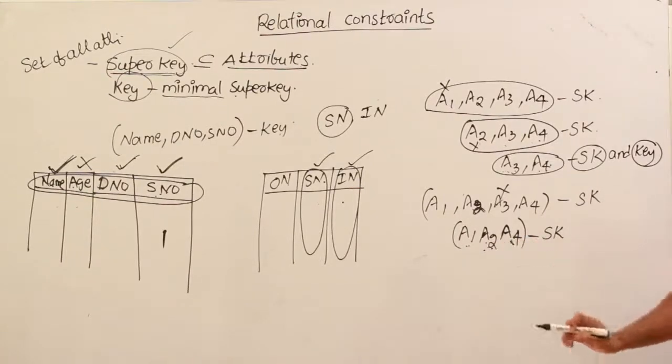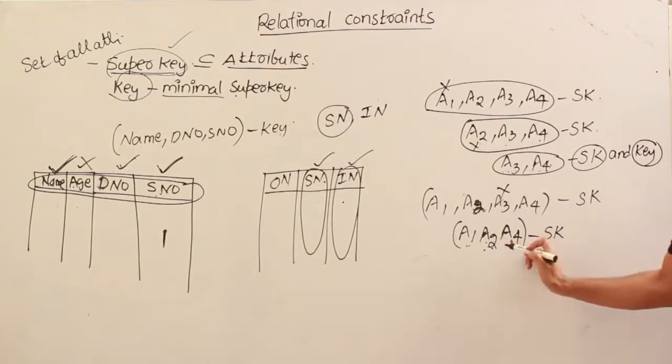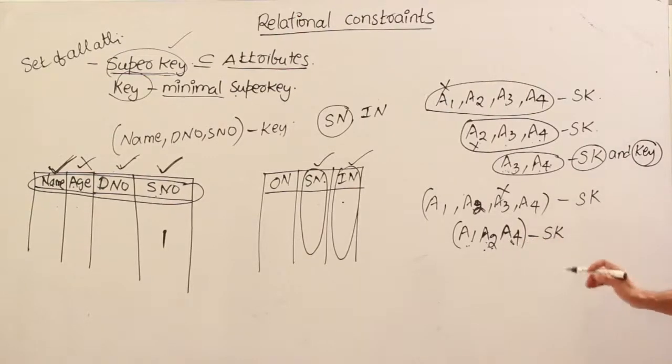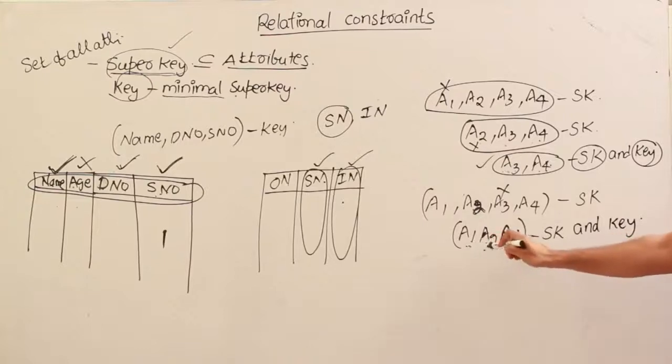Then what should I call it? Since I am not able to further minimize it, it is called a minimal super key, and therefore it can be called a key. So A3, A4 is a key, and A1, A2, A4 is a key.